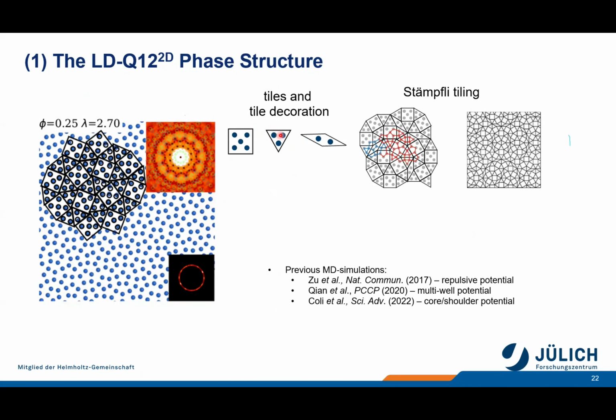This is quite special, but you could tie these together. They all have the same edge length, and this tiling is called the Stampfli tiling. And so this is the way these things are arranged, and this is the diffraction pattern that you get from this kind of structure. And they have been discovered previously in MD simulation for different kinds of potential, either repulsive or attractive.